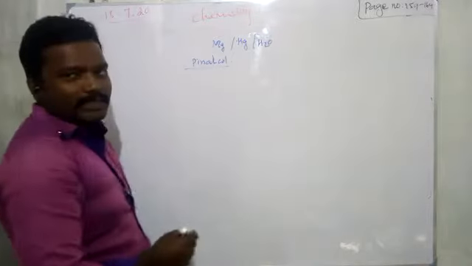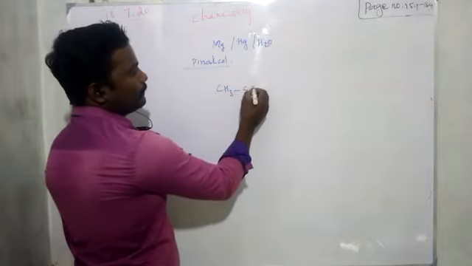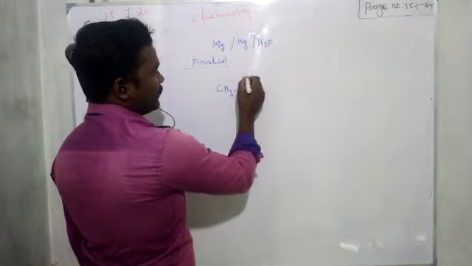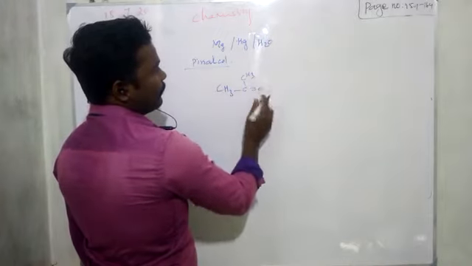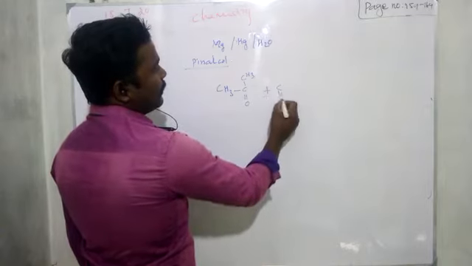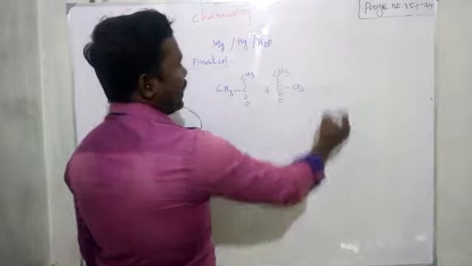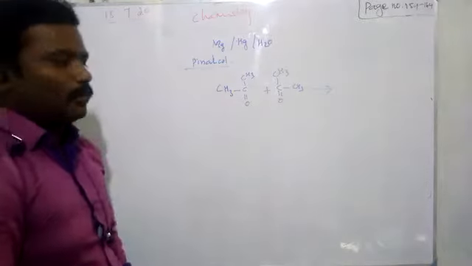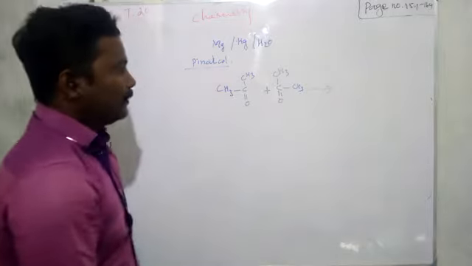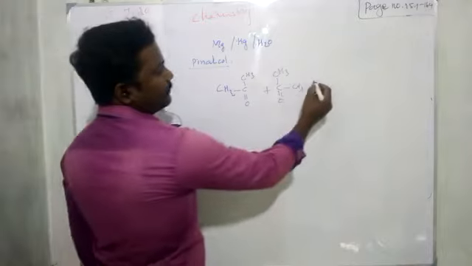So what is the phenol reaction? We have to take 2 acetone. Otherwise you write like this, plus. This is nothing but 2 moles of acetone. Then here also it is a very simple reaction, just the addition of 2 hydrogen.